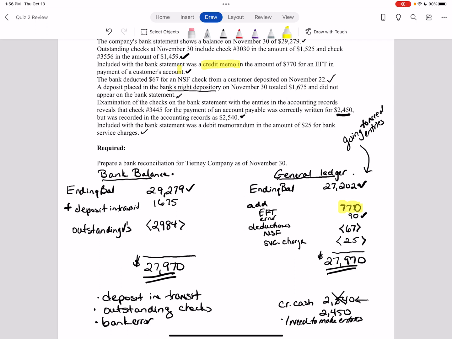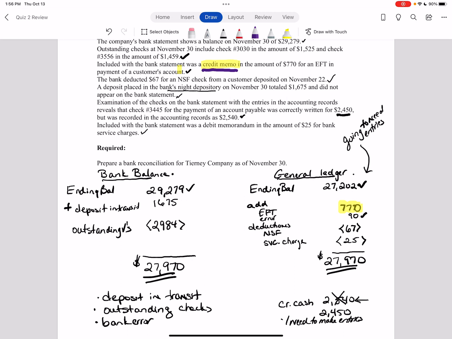This term credit memo is a banking specific term, right? It is not an accounting term. Credit memos are deposits in banking vernacular. Debit memos are withdrawals in banking vernacular. Do I expect you to know that? Absolutely not. But you may see it in other places, so don't let that confuse you.